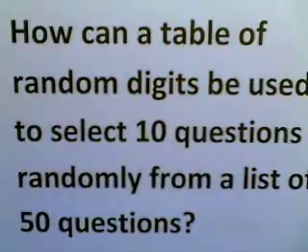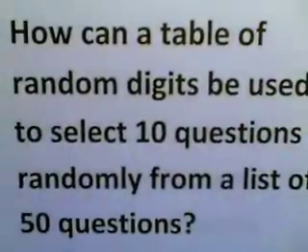Which of those 50 will I choose? Well, I have a random number table here, and I'm going to hold it as close as I can, but I don't think you're going to be able to see that well enough.